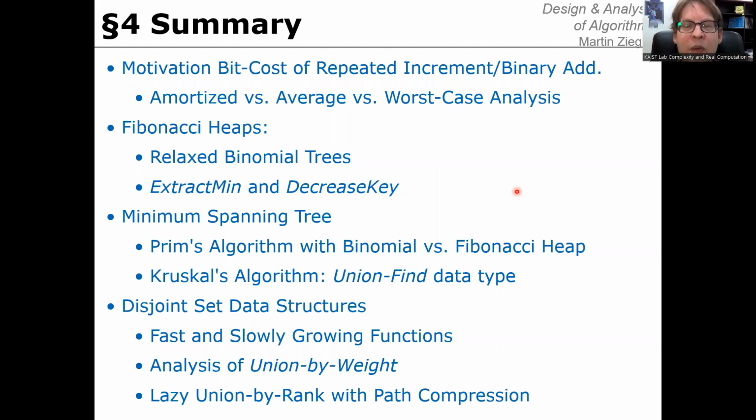What we talked about: amortized analysis. We talked about motivation using the repeated binary counter, repeated incrementing, where worst case analysis of the number of bit flips gives a serious overestimate, whereas in an amortized analysis we saw that there are only 2 bit flips.